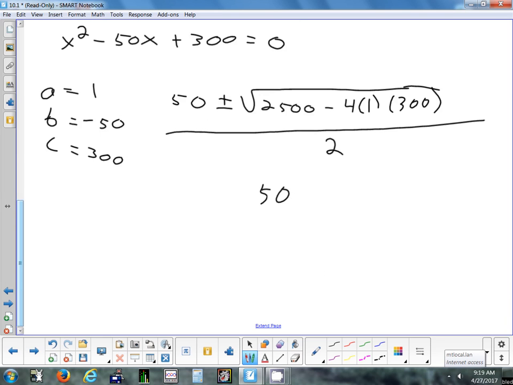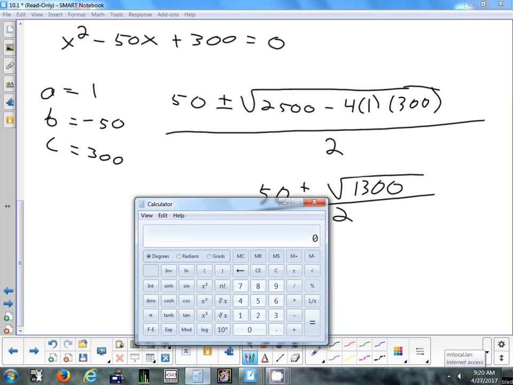Okay, so we get 50 plus or minus the square root of, what's 4 times 300? 1200. And then 2500 minus 1200 gives me 1300, all over 2. And I can already tell just by looking at the square root of 1300 that's going to be a decimal. So this probably would not have factored. All right, let's just round it off.